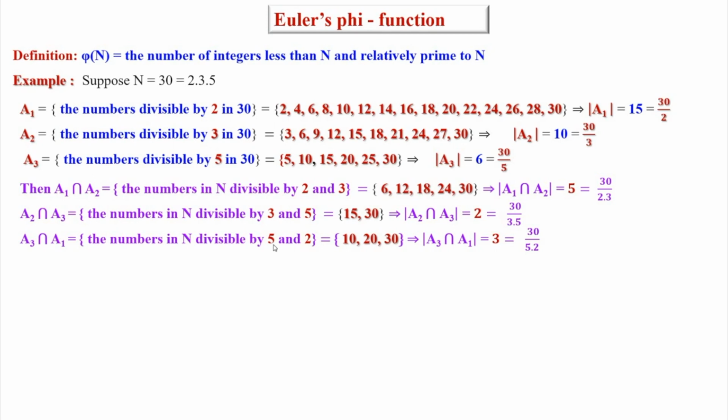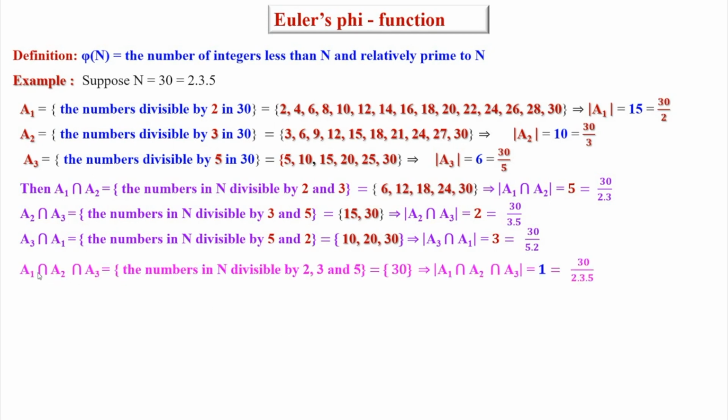Similarly, for 5 and 2 we have 10, 20, 30, so the number of elements divisible by both 5 and 2 is 3, and that is 30 divided by 5 into 2.